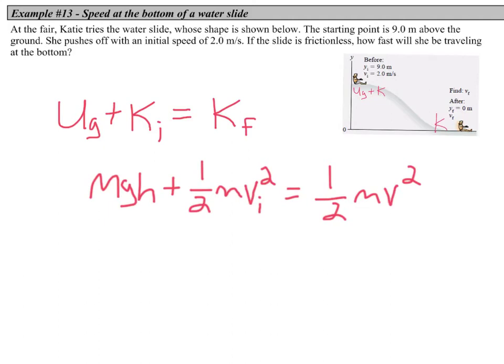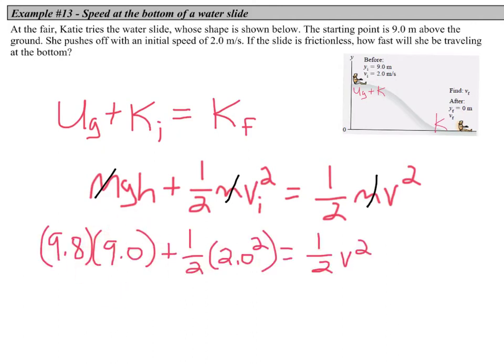We don't know what Katie's mass is, it's not given to us, but we can see that the mass will end up canceling out on both sides. So when we put in the value for our height, we put in our initial velocity, and we pull out the masses, we end up with a velocity at the bottom of the water slide of 6.72 meters per second.